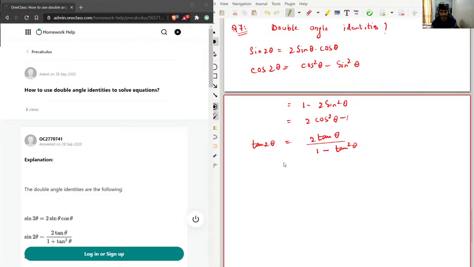Now to use these identities, I'll take two examples. First will be for 30 and 60, and the other one will be for 45 and 90, because I remember the trigonometric ratios for these angles. So I'll just write sine 30 is half, and then instead of writing this, I'll make a table here.